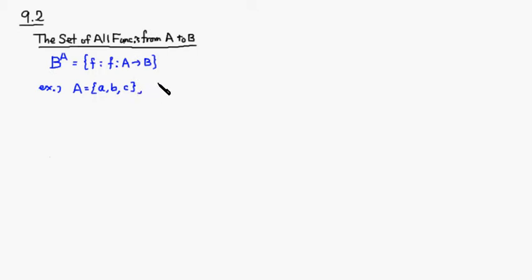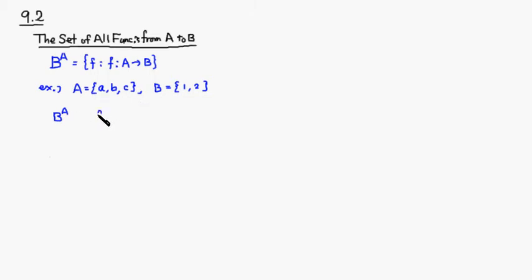And the set B could be maybe a set with 1 and 2. So if you look at this, what kind of functions would B to the A have? Let's list this.